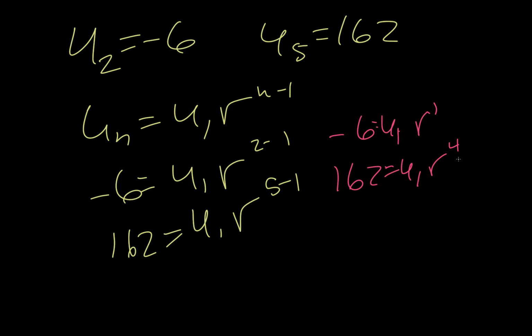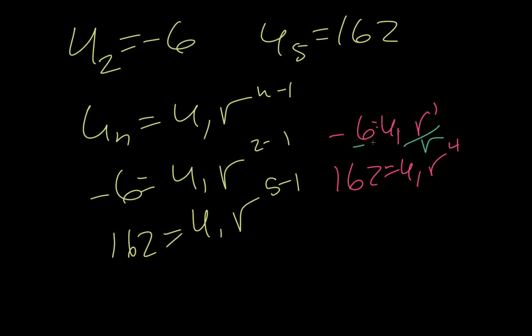Now, what we need to do is solve for one of those pieces in each of them. So I'm going to solve for u_1. So I just divide both of these by the r.